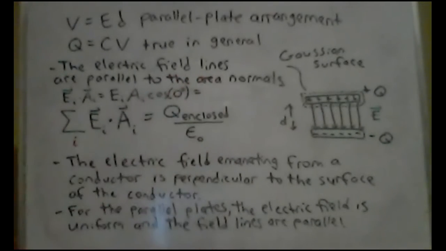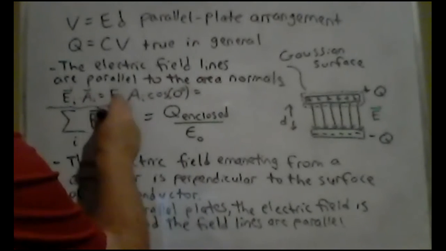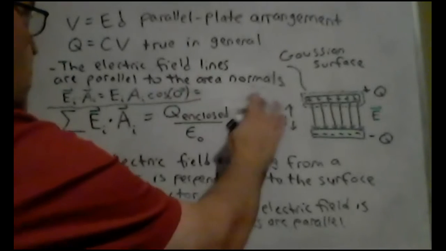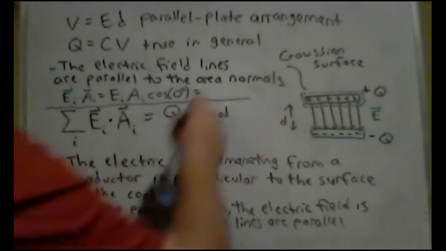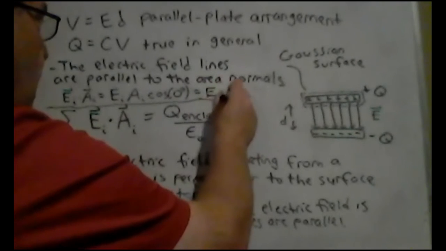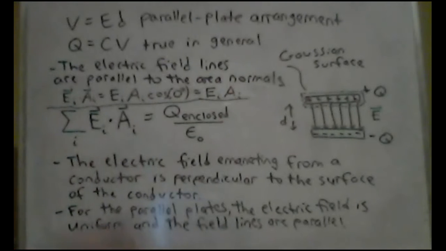That means I can turn the dot product calculation into a nice, easy calculation of the magnitudes. I can replace it with simply E sub I times A sub I, an ordinary multiplication of the magnitudes. So with all this information, I can do the following.